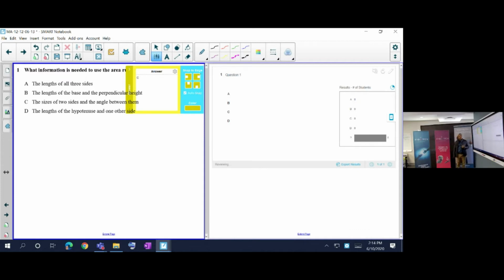Remember, as we explained, that we have to use the included angle between two sides. So you need the two sides and the angle in between. So your answer was C. Okay, let's go to the next part.